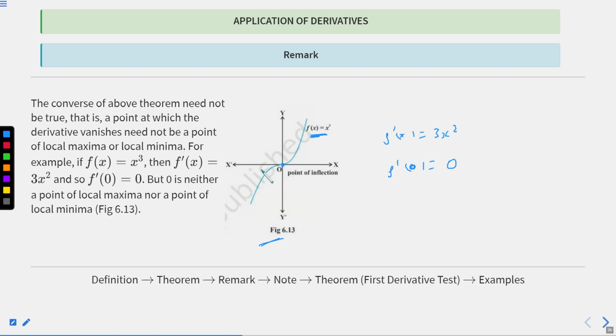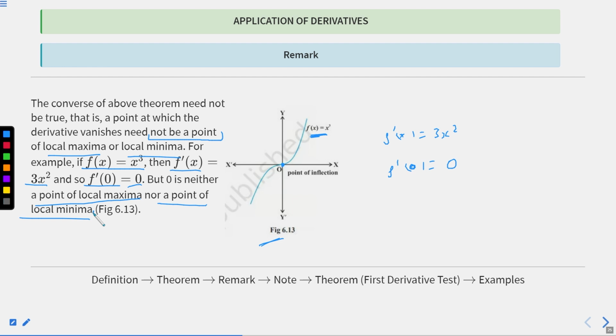So we have a counterexample for the converse of the above theorem. A point at which the derivative vanishes need not be a point of local maxima or local minima. For example, f x is equal to x cube, then f prime will be 3x square, f prime 0 will be 0, but 0 is neither a point of local maxima nor a point of local minima.